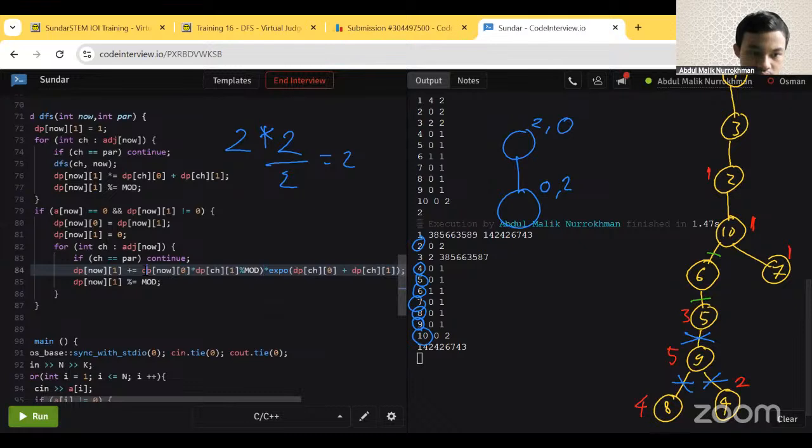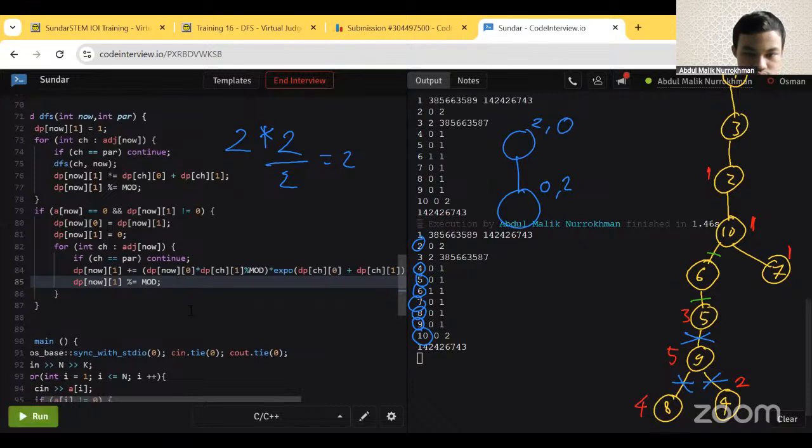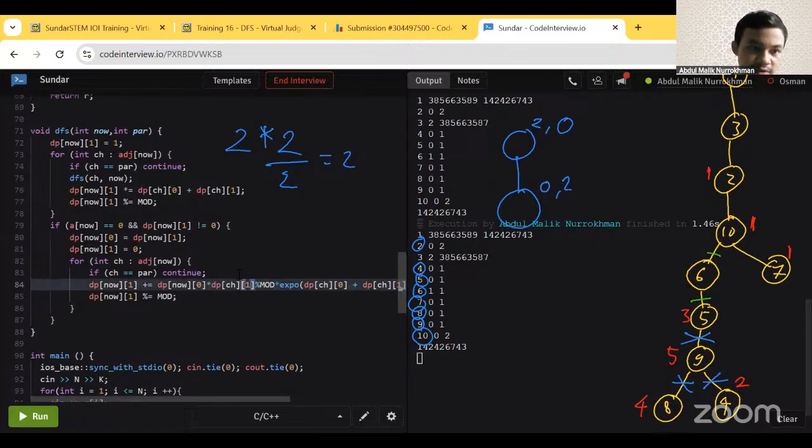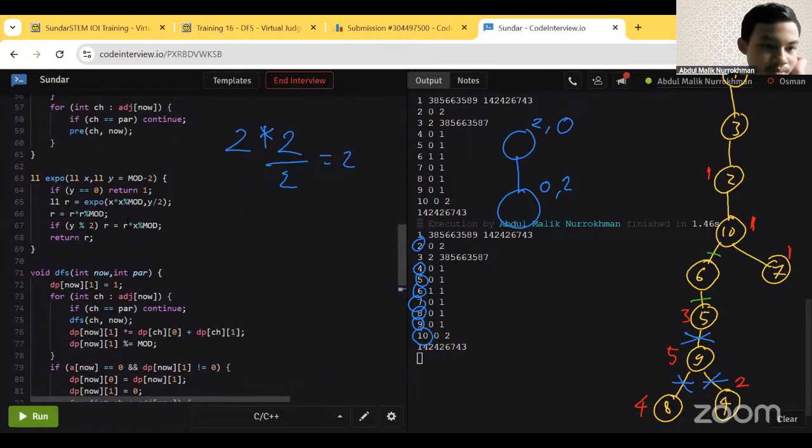What if I create a bracket here? There's an effect because modulo and multiply are at the same level, in the same priority.